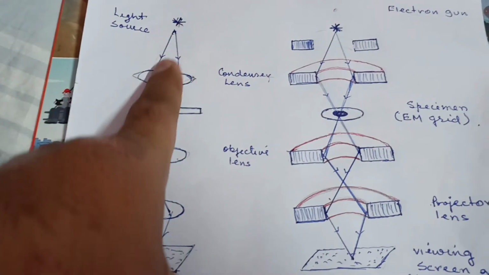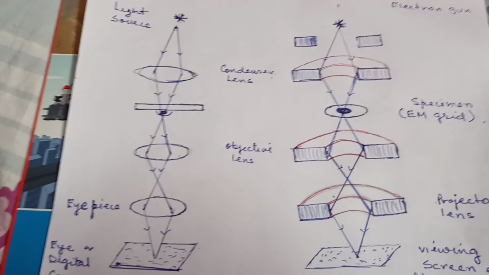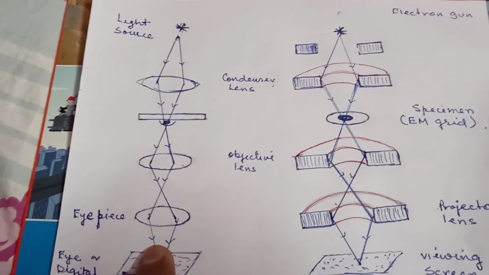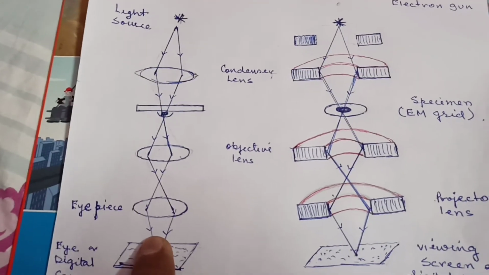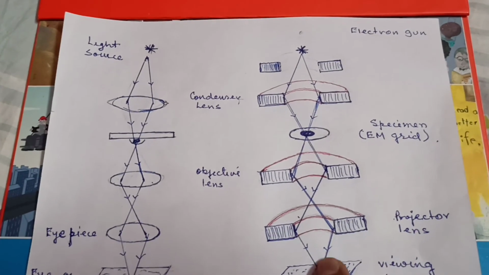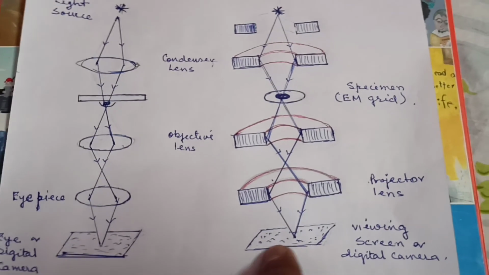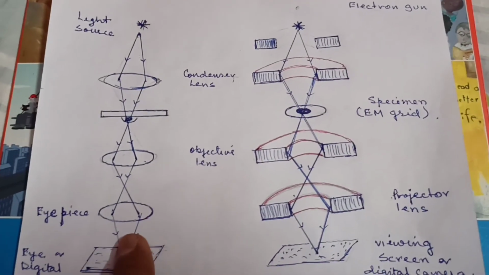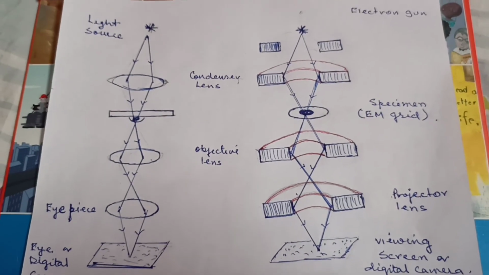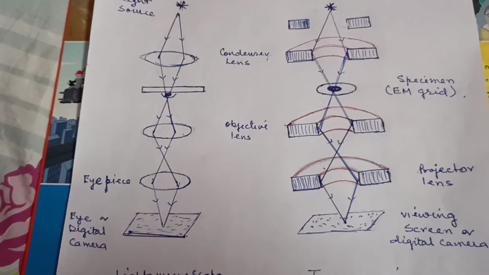The optical microscope has a maximum capacity of magnifying the object up to 1500 times, whereas in the electron microscope the size of the object can be magnified up to 200,000 times, much more than the optical microscope. This is the difference between the electron microscope and the optical microscope. Thank you very much.